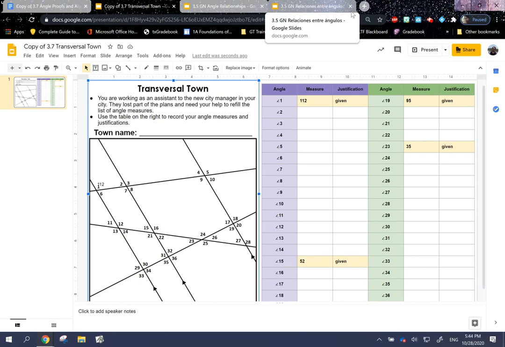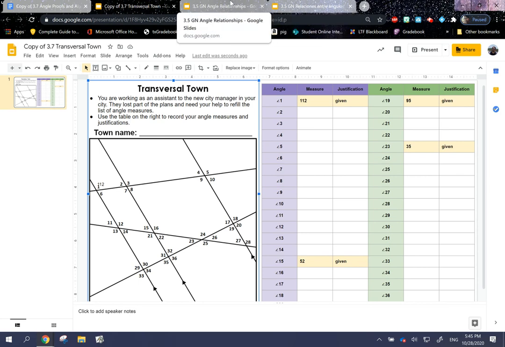Which I don't know off the top of my head. Sorry, guys. It's been a long day. Let me do that math real quick, and you can use your calculator. You can use Desmos here if you want to make your life easier. I just like to complicate mine unnecessarily. But it turns out that 180 minus 112 is 68 degrees. So this angle 6 would be 68 degrees.